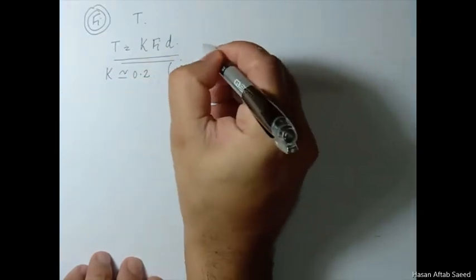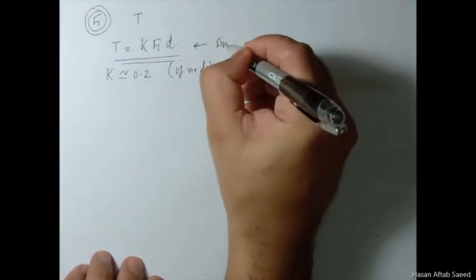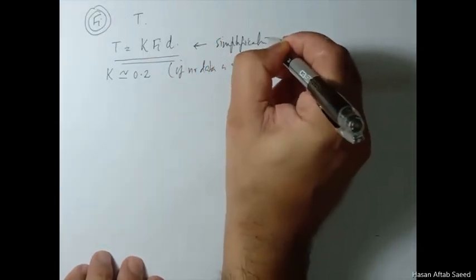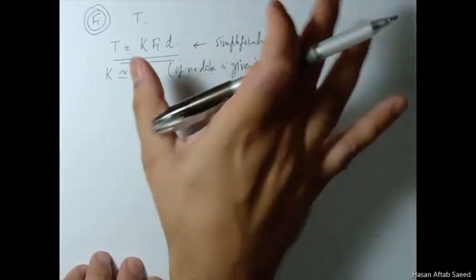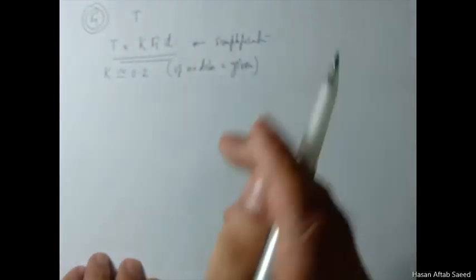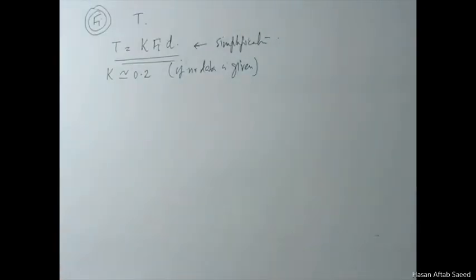Now this is a simplification of a very complicated relation, but why we are justified in using a simplified relation is that even that very complicated equation does not necessarily give you the correct answer.